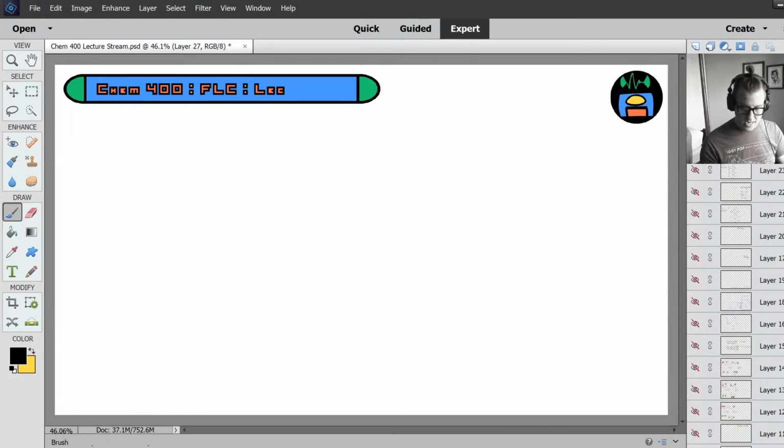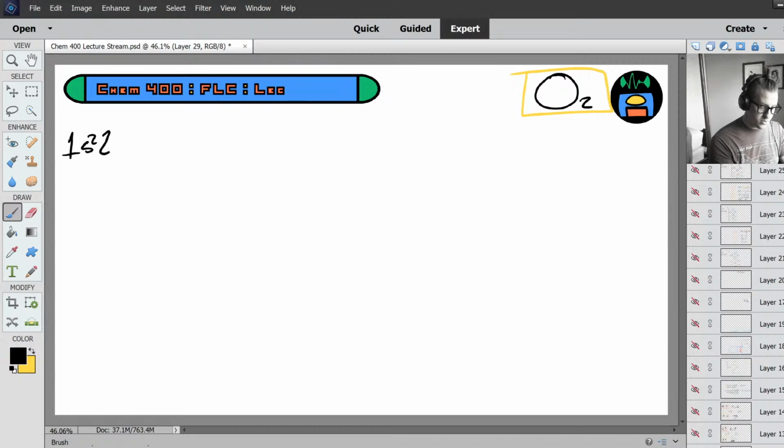Let's draw the MO diagram for O2. All right, let's actually draw this molecular orbital diagram, starting with the electron configuration: 1s2, 2s2, 2p4 is what oxygen has.